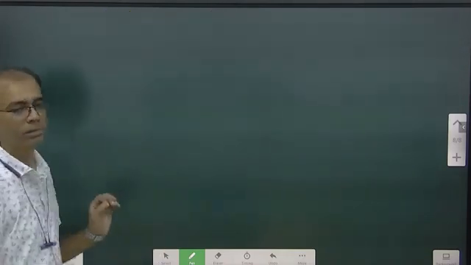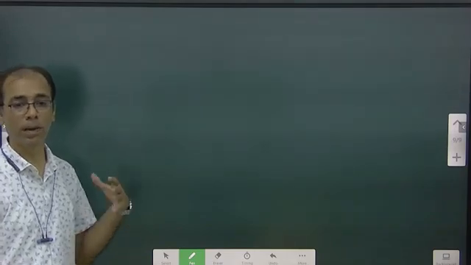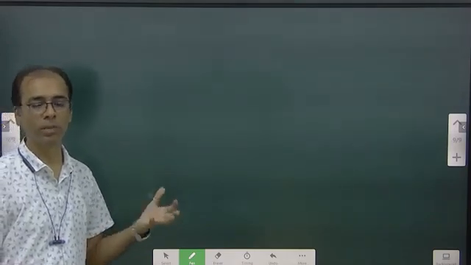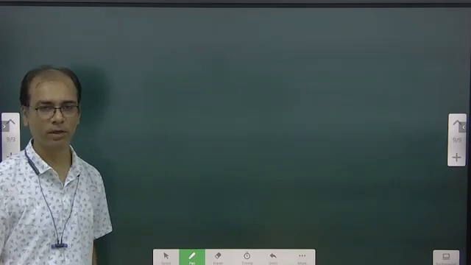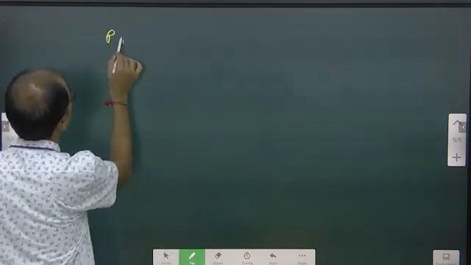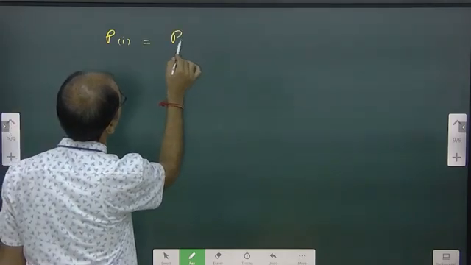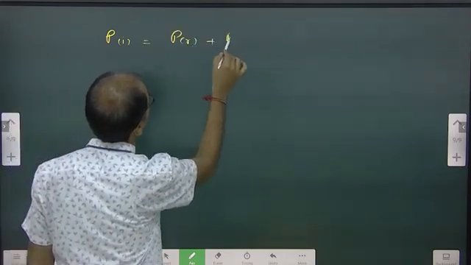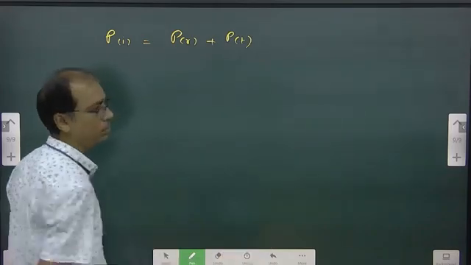Talk about what is the relation between the power of incident wave, power of transmitted wave and power of reflected wave. Okay, so relation says that power of incident wave is equal to power of reflected one plus power of transmitted one.